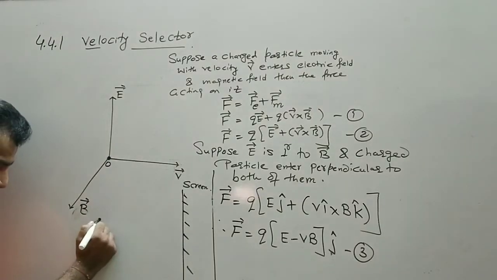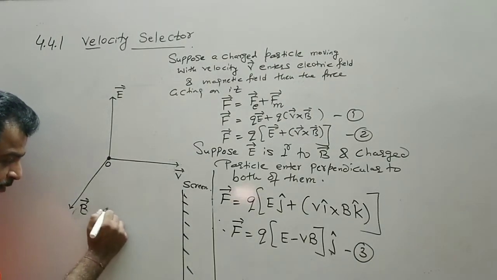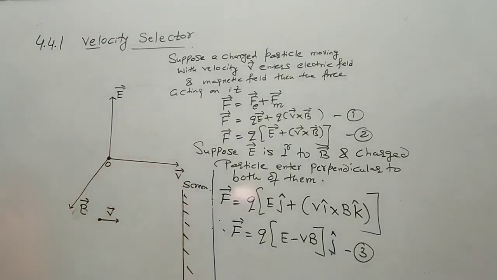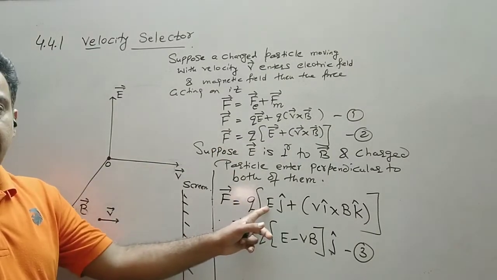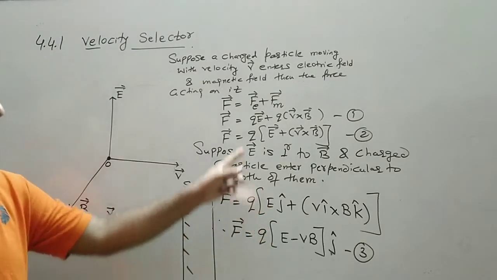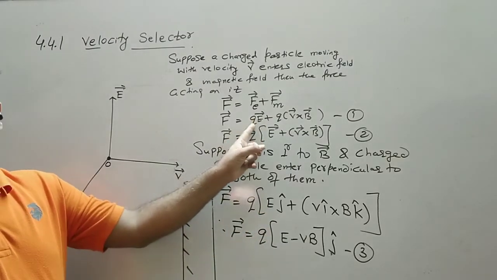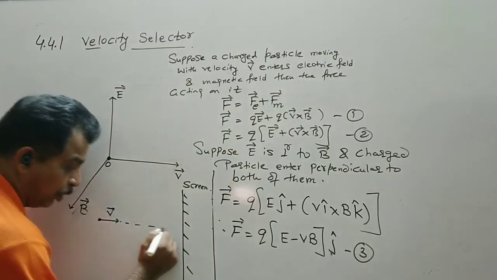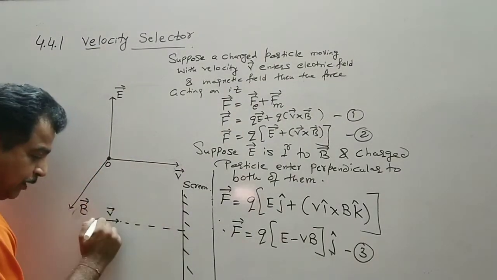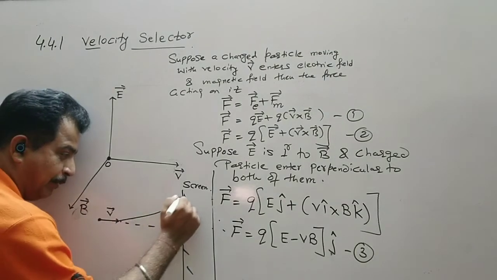Now this is a charged particle moving with the velocity v vector along the x-axis. Let us assume that only the electric field is present. Now if electric field is present, the electric force is QE. So the force acting on this charged particle should be along the y-axis. So instead of going straight, this particle will be deflected.